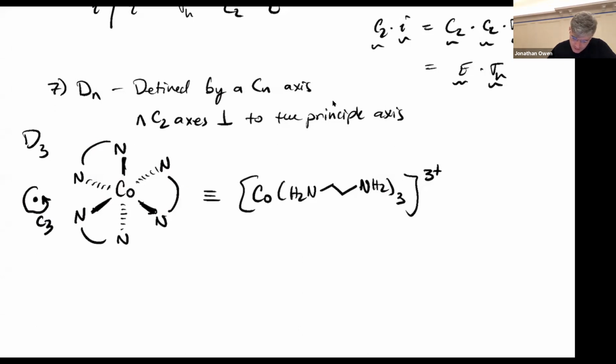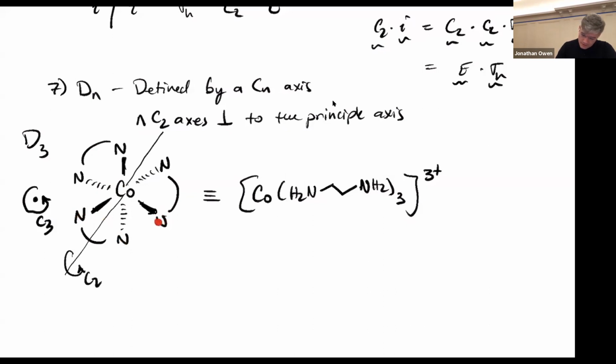So we got a C3 axis, and now we should have 3 C2 axes perpendicular to the principal axis. Where are those? So principal axis is here. Plane of the paper is orthogonal to it. So any C2 axis we're looking for is going to be in the plane of the paper. And you got to have 3 of them. So they presumably line up with these petals. Let's draw this one here. This is a C2. And you can see how it sends the nitrogen on top over here to this one on the bottom.